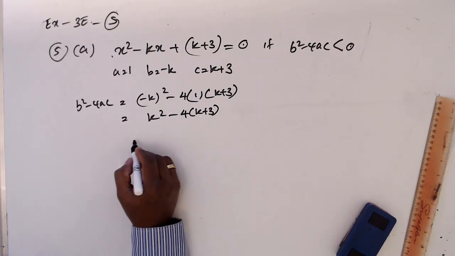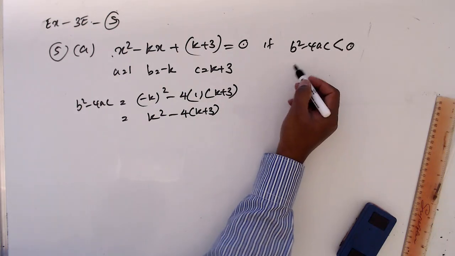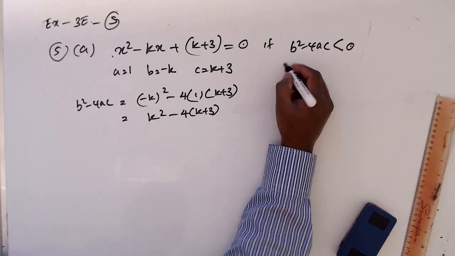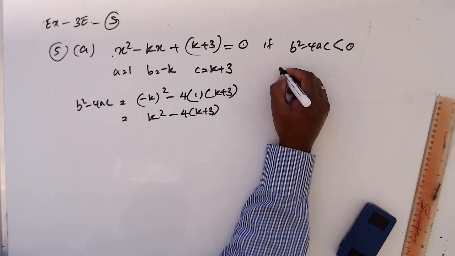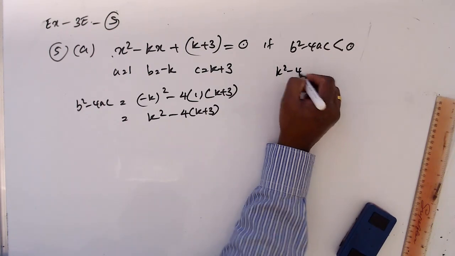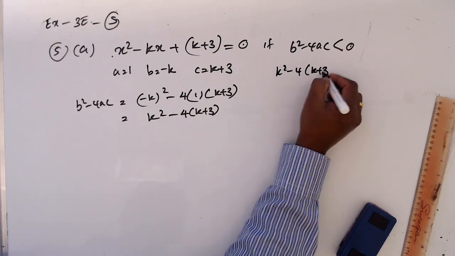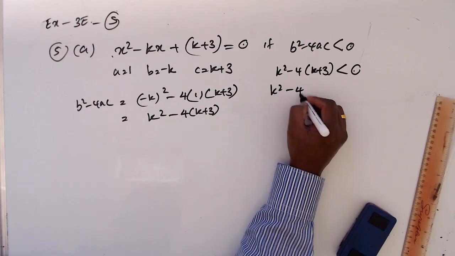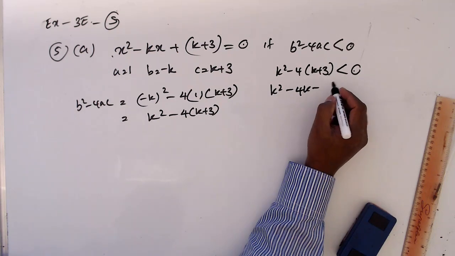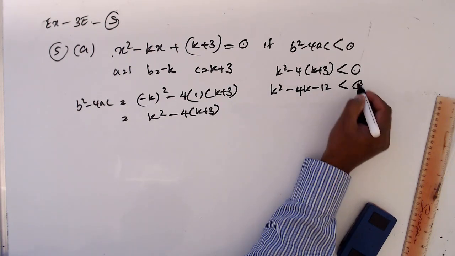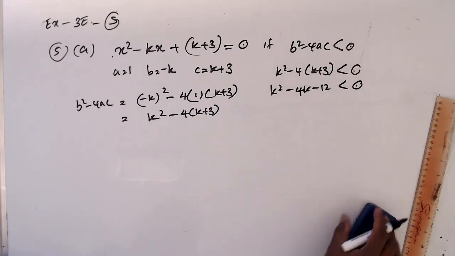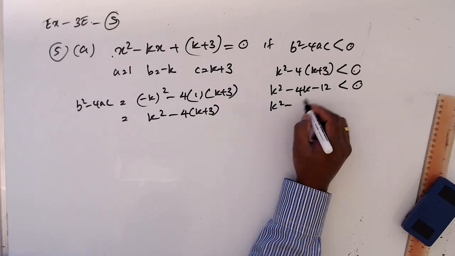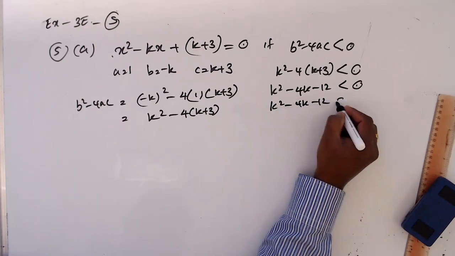So then this is b square value, k square minus 4 times k plus 3 less than 0, k square minus 4k minus 12 less than 0. So we'll solve the equation now.